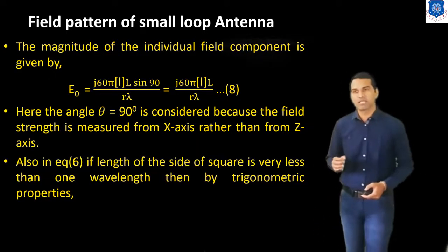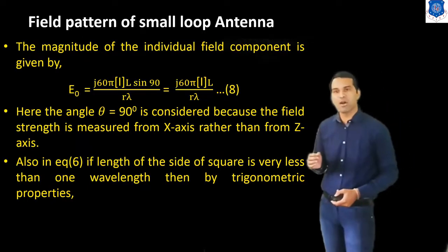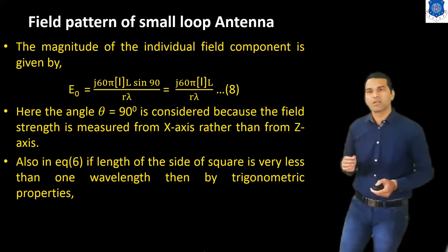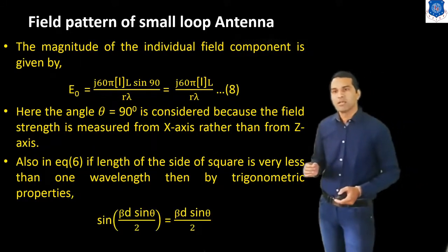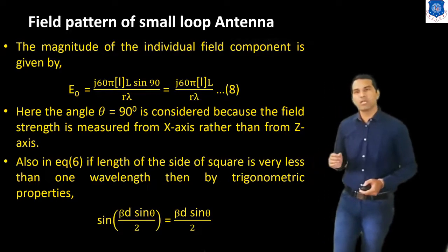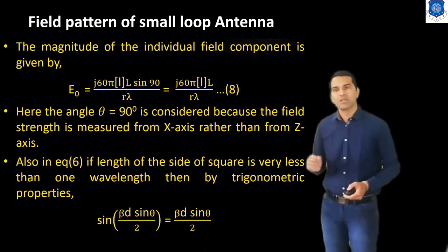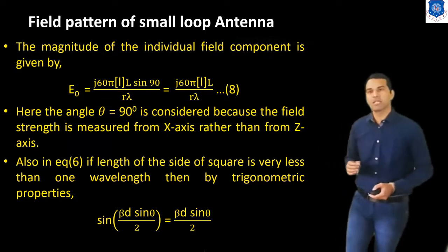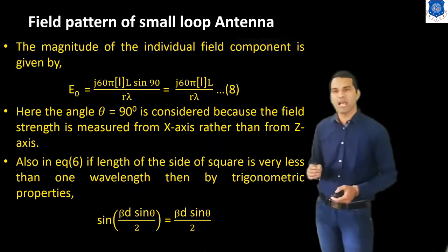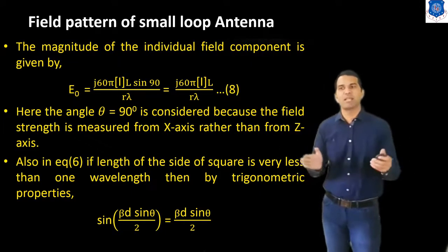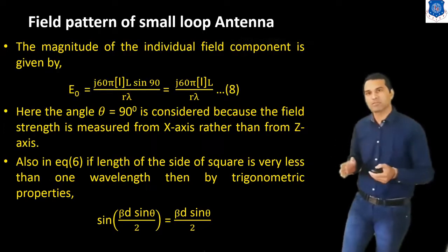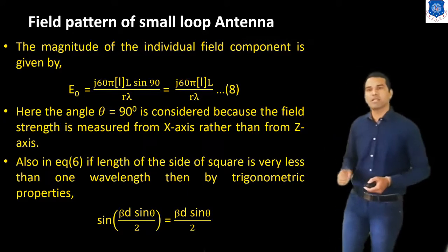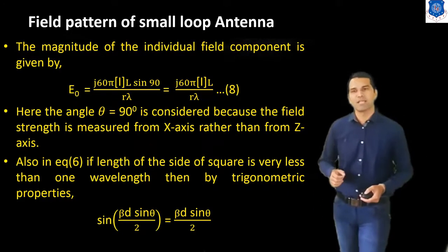Also in equation number 6, if the length of the side of the square is very small compared to the wavelength, then sin of beta d sin theta by 2 is nothing but beta d sin theta by 2. So we can write sin of beta d sin theta by 2 equals beta d sin theta by 2.